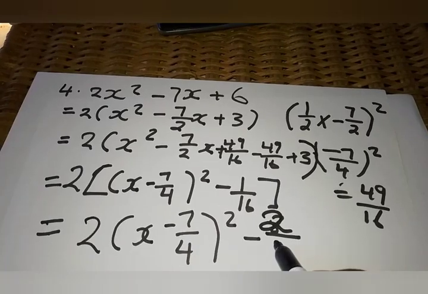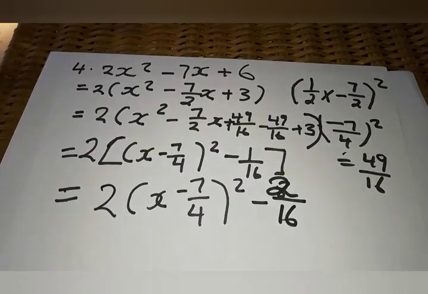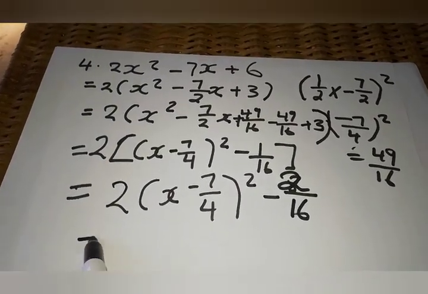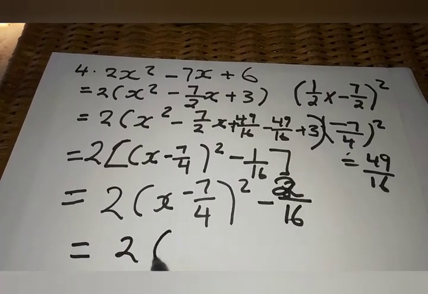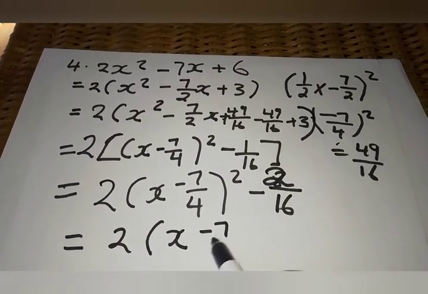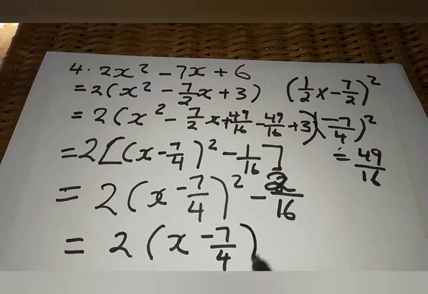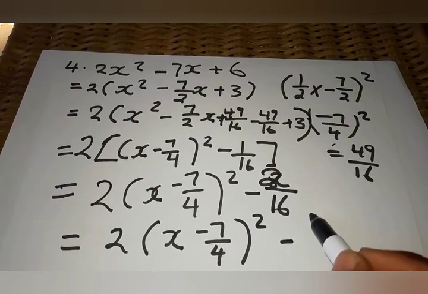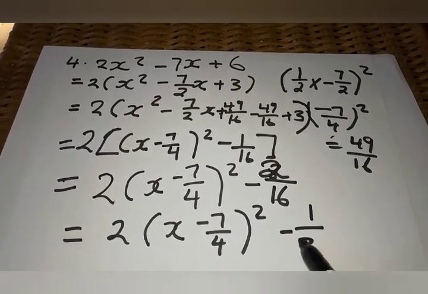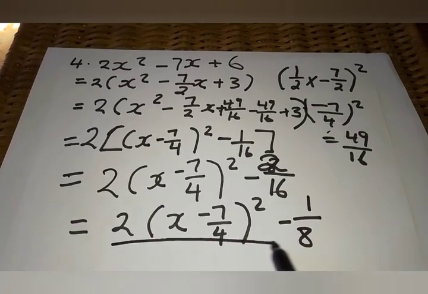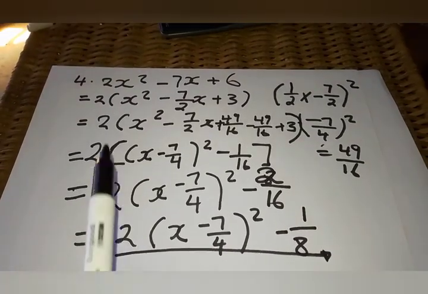I made a mistake, over 16. You see that? Now let us simplify everything to get x minus 7 over 4 all squared minus 1 over 8. So that is our answer.